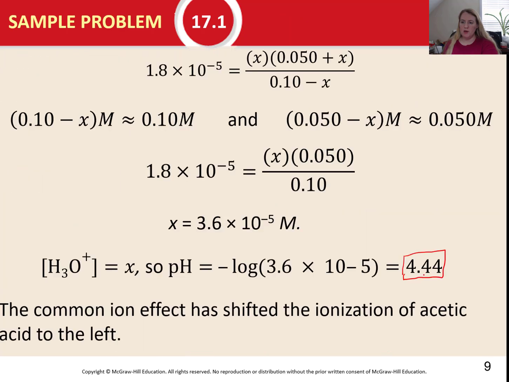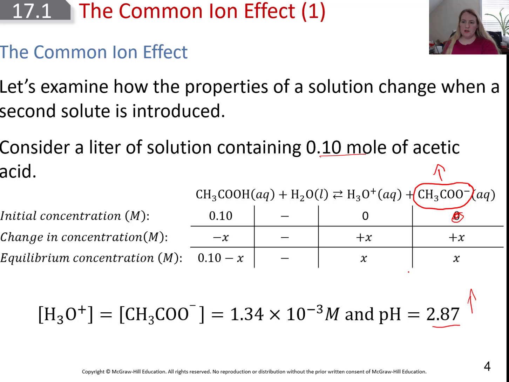Our pH went up to 4.44. So it shifted the equilibrium back. So because it shifted the equilibrium back, it decreased the amount of hydronium. Decreasing the amount of hydronium will raise the pH. So that is the general idea behind common ion effect. And then the next lesson will go into how we use this for buffers.